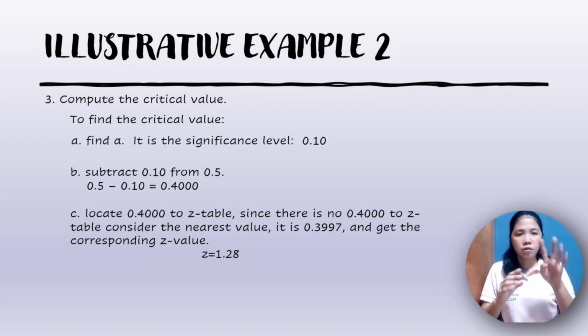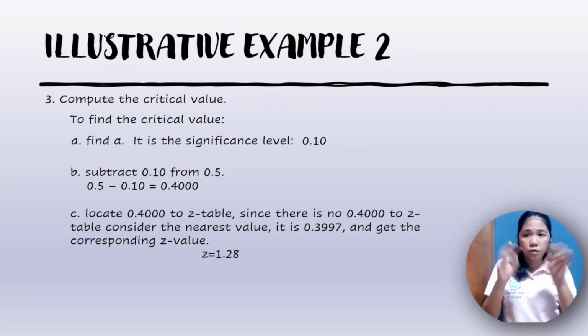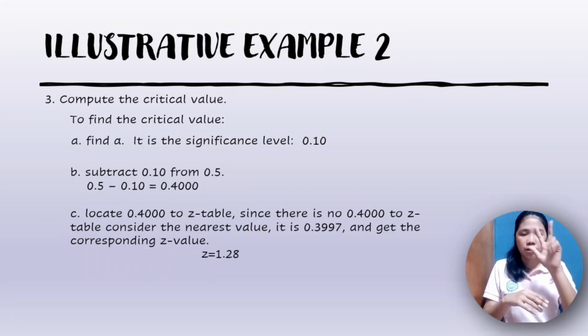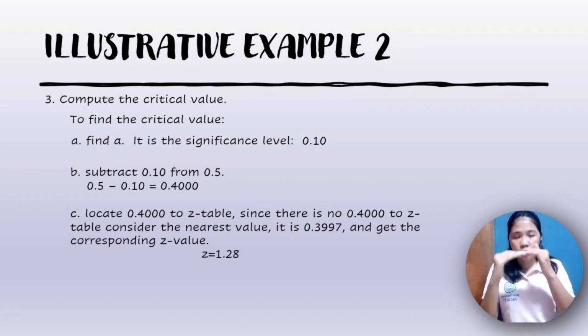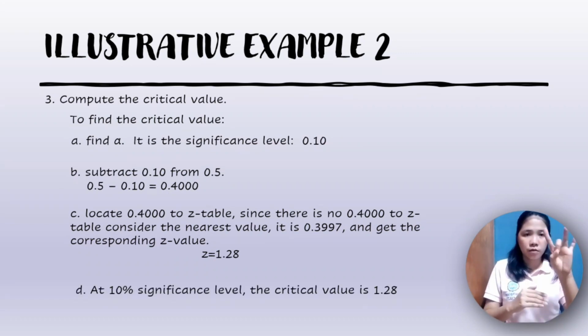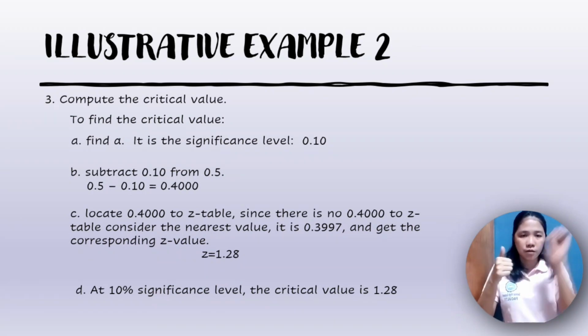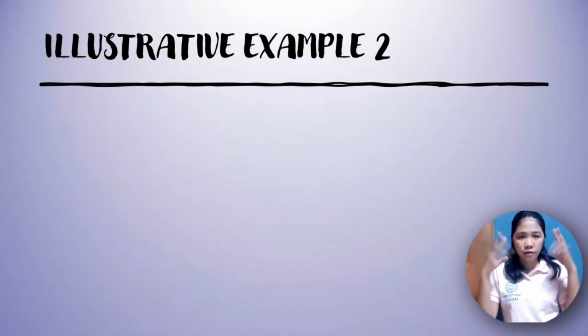Since there is no 0.4 in the Z table, consider the nearest value, which is 0.3997. And to get the corresponding Z value, Z is equal to 1.28. Next, at 10% significance level, the critical value is 1.28.